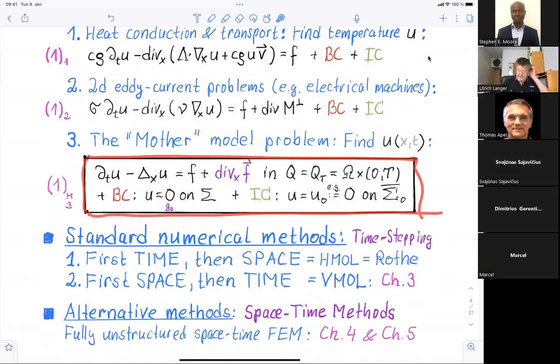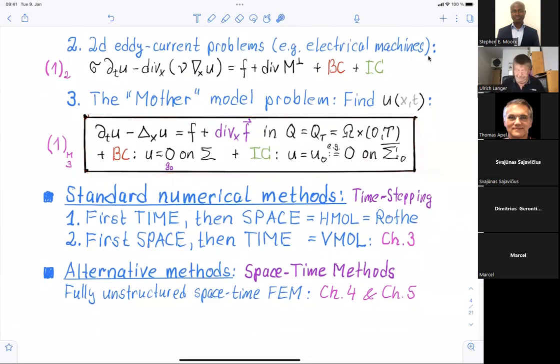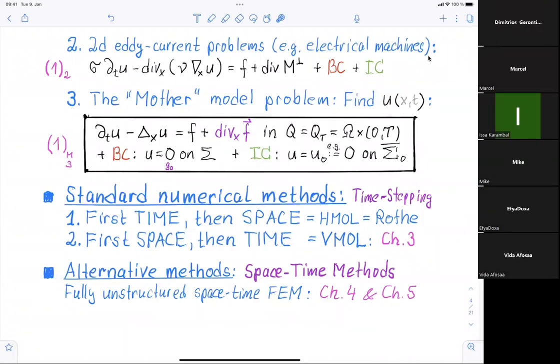Standard numerical methods are time-stepping methods, of course, and then you can do something first in time, then in space. This is the horizontal method of lines, Rothe method, or first in space and then in time. This is the vertical method of lines, and we come back to it in chapter 3 of my lecture. An alternative are real space-time methods on fully unstructured grids. I will focus on this in chapters 4 and 5.